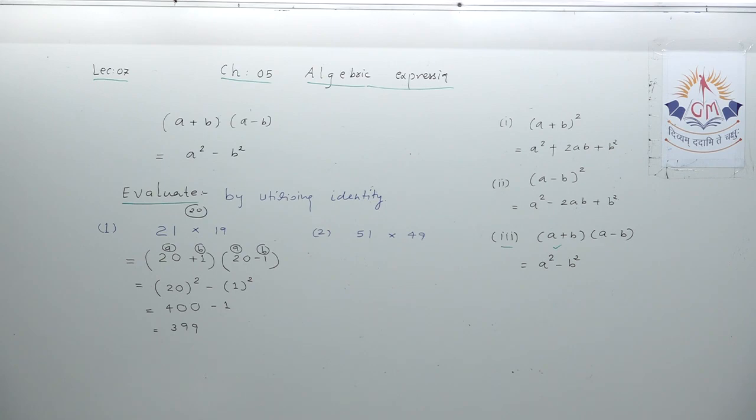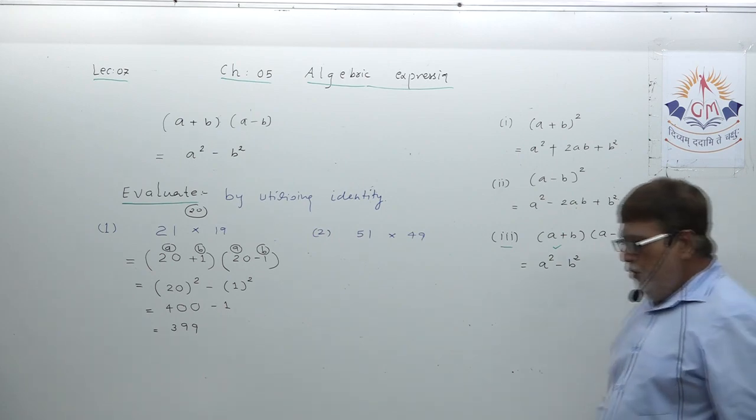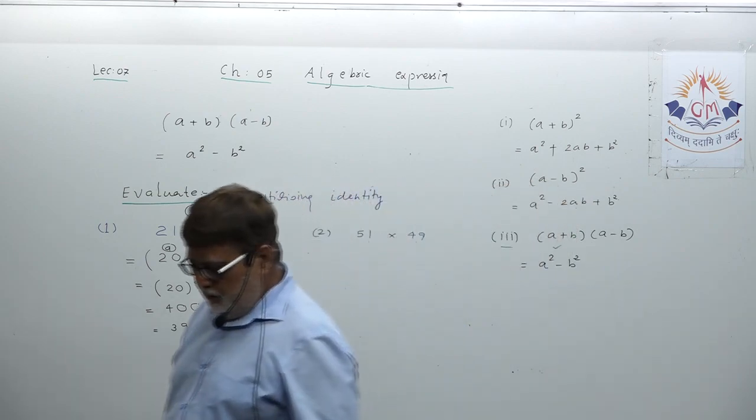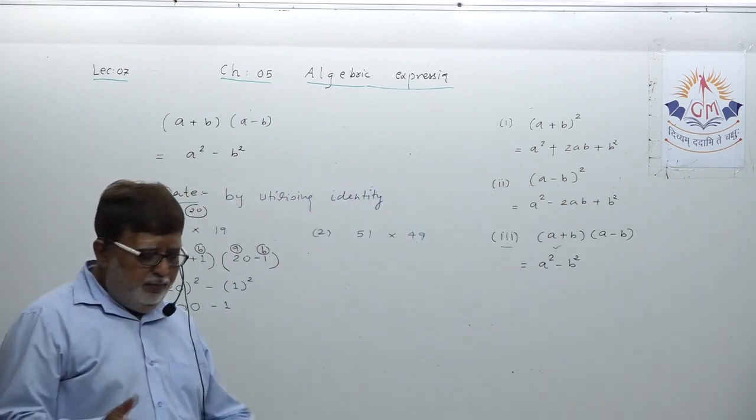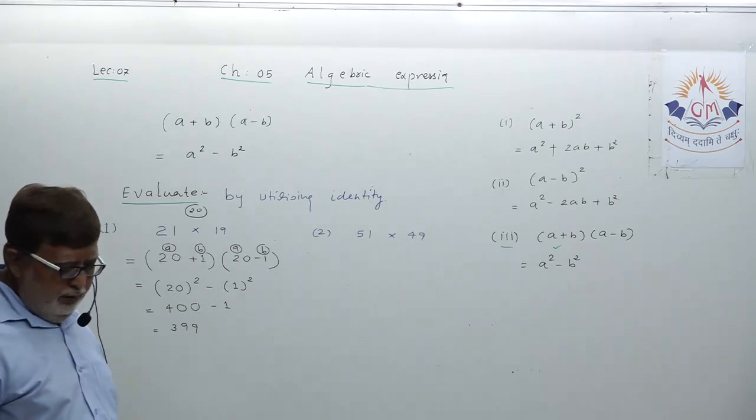51 into 49. Be a little sharp, give a good response quickly. Here the very important thing is the splitting of the numbers, because normal product or normal multiplication is not allowed here.